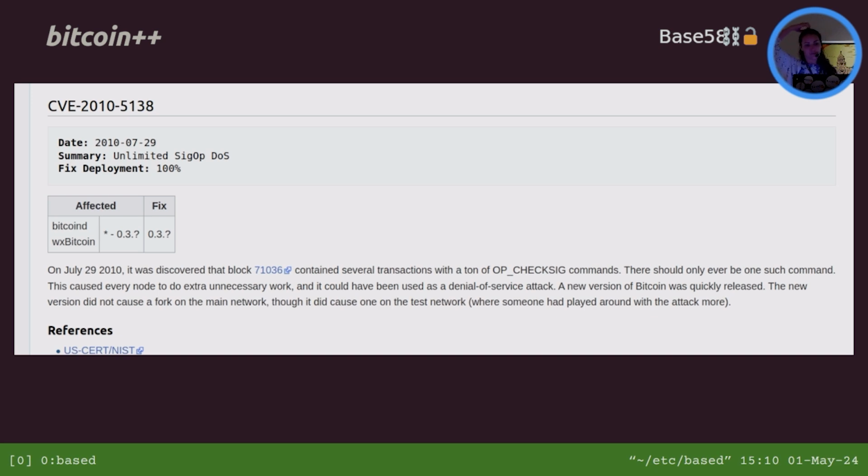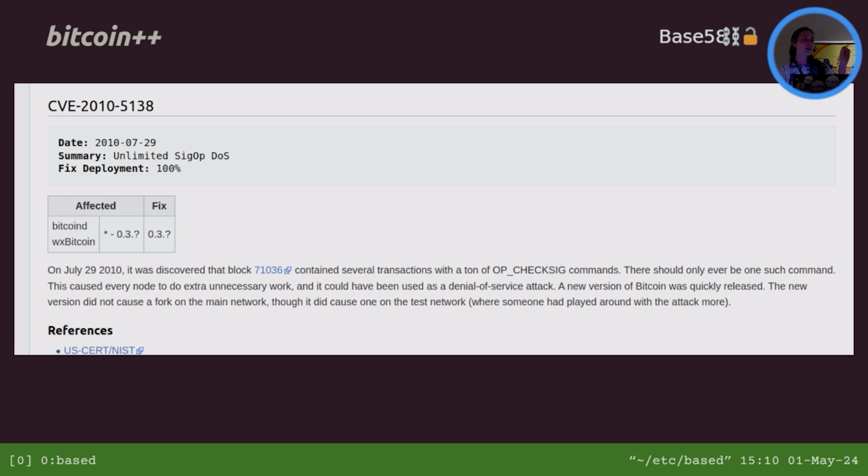I think, I could be wrong about this, back in 2010, so very early Bitcoin history, they found transactions with a ton of OP_CHECKSIG commands. And what this was doing is, every node, when it gets a transaction with an OP_CHECKSIG inside of it, has to do work to verify that that signature is correct.